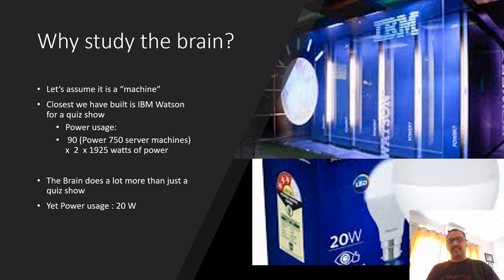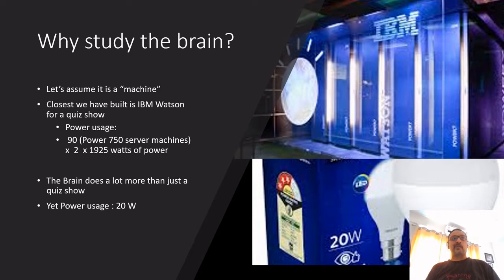But IBM Watson had a significant drawback, which is the power usage, right? The Watson actually had 90 Power 750 server machines, which was taking two times 1,925 watts of power. To give you an idea, this works out to be approximately the power substations for about 2 suburbs. That's a lot of power that it uses, right? All this for beating somebody in a quiz show, right?